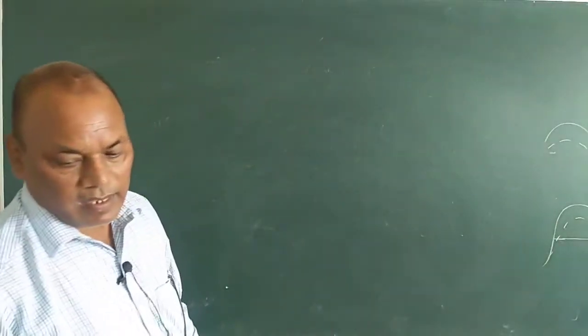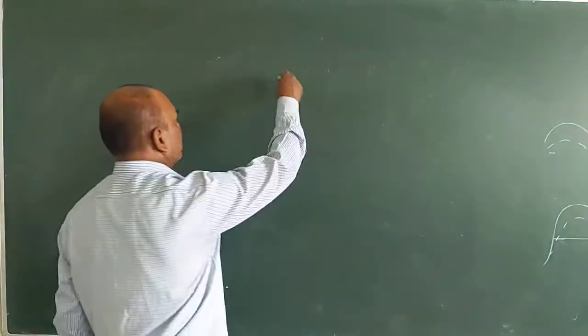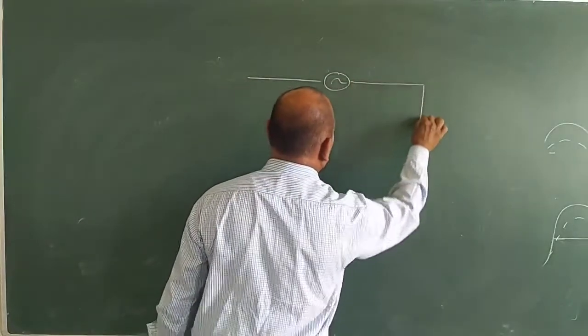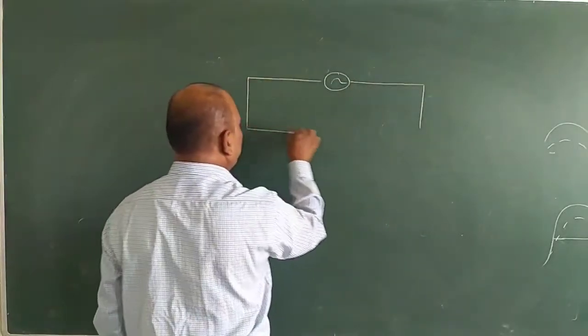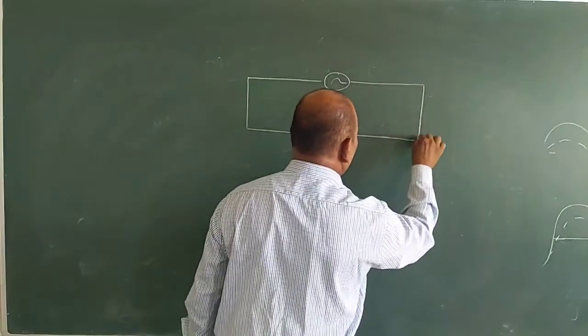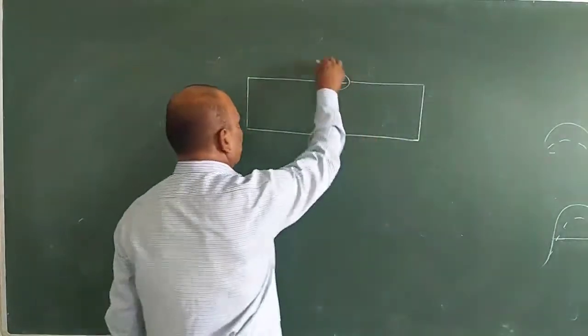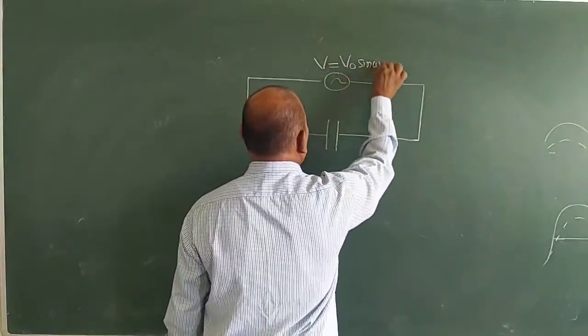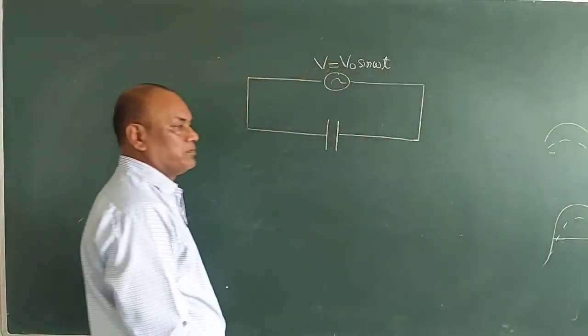Now, in the case of capacitance, let us suppose a capacitor is connected to the AC mains, where voltage V equal to V0 sin omega t is applied.